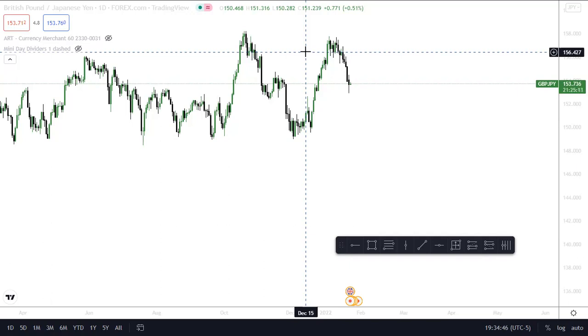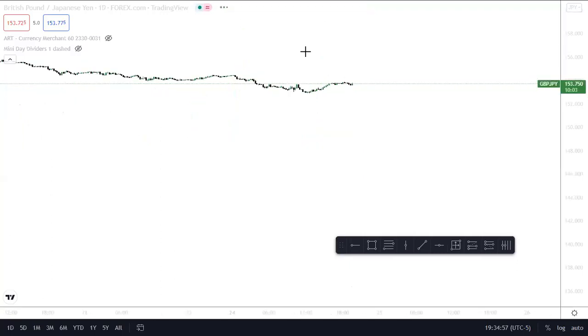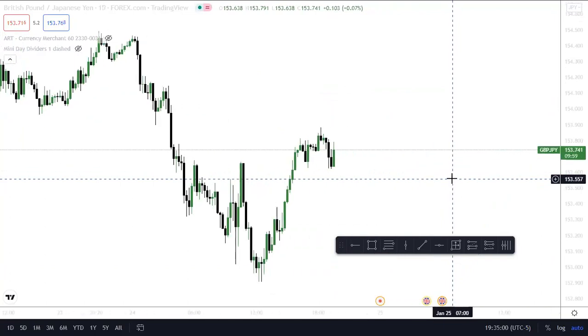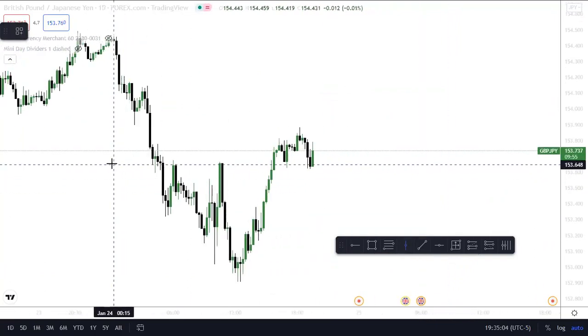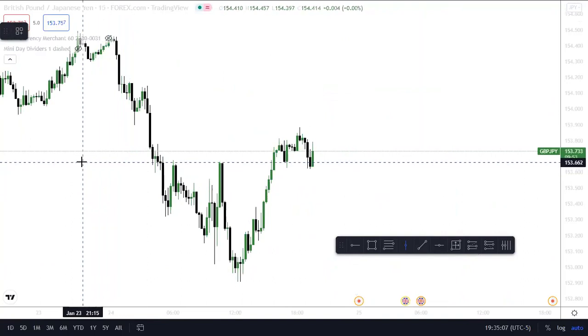All right. Awesome. What time frame do you use when you're looking at this? I like the 15-minute time frame, and I look for targets on the 15-minute or the 5-minute time frame. Let's grab that.